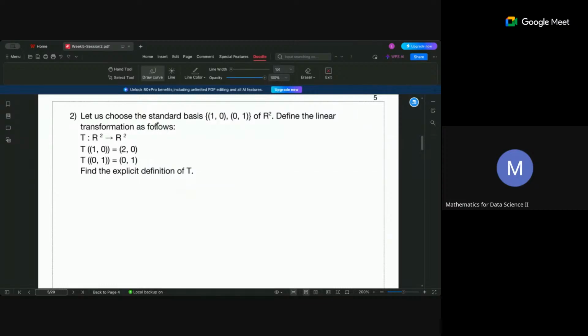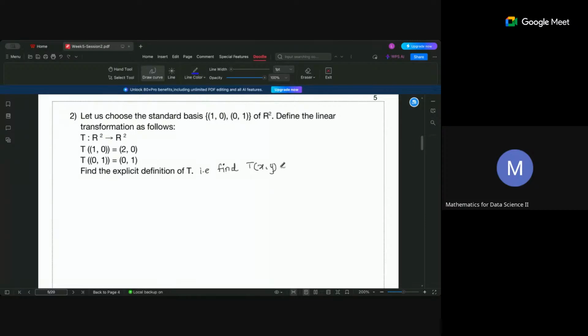They have not given what is your T of x comma y, but they have given the images of your standard basis. Now they are asking us to find the explicit definition of T. It means we need to find the expression for T of x comma y. This is our question.